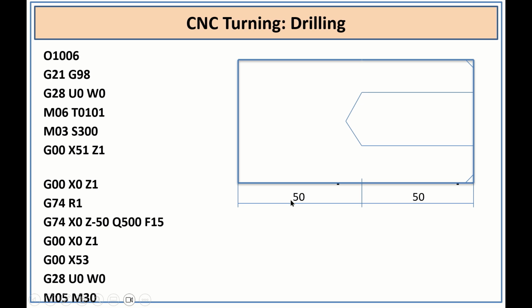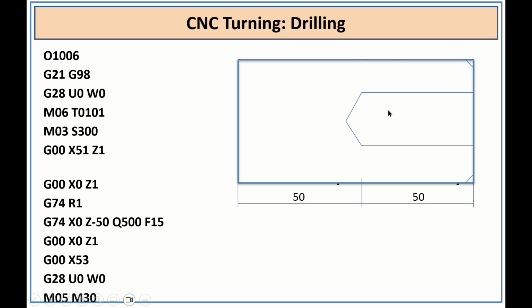After it performs the drilling operation, it needs to come out from here, so the z value becomes 1. Then it will go to its initial position G00 x50, the home position, and spindle speed.